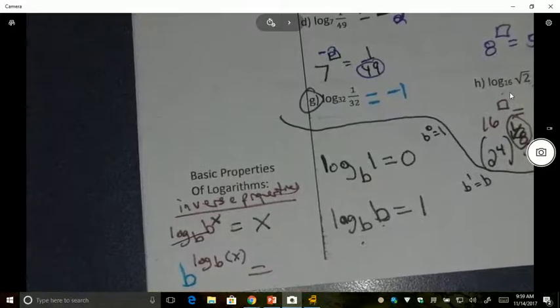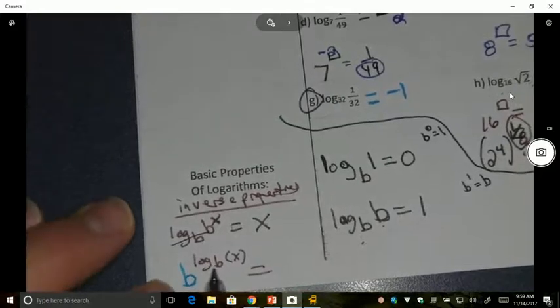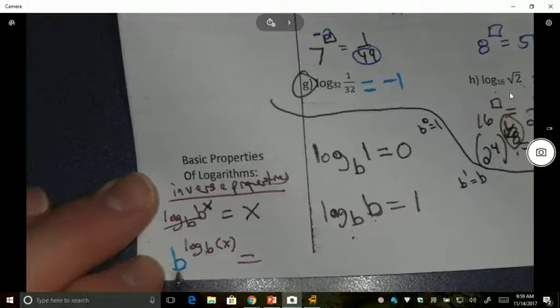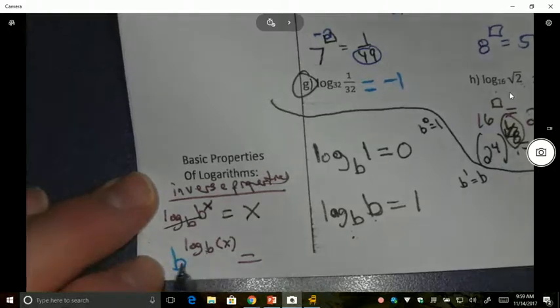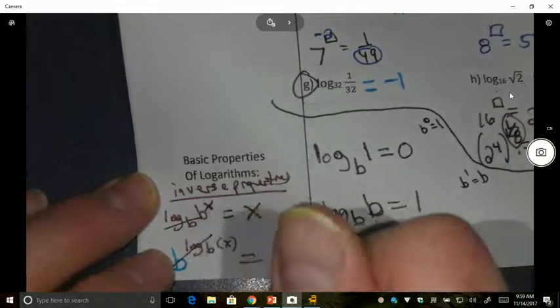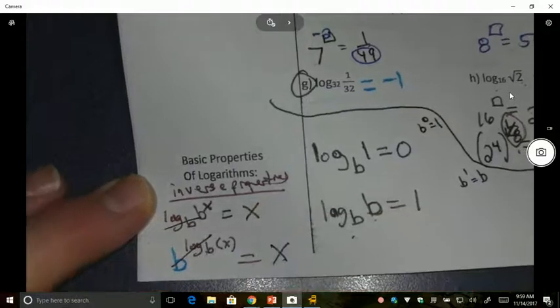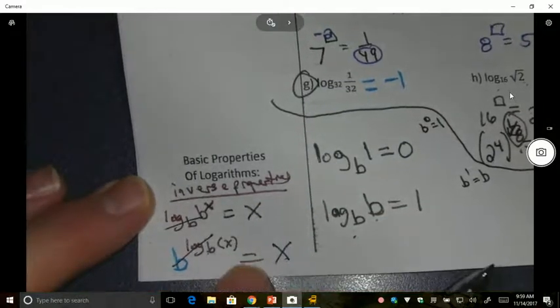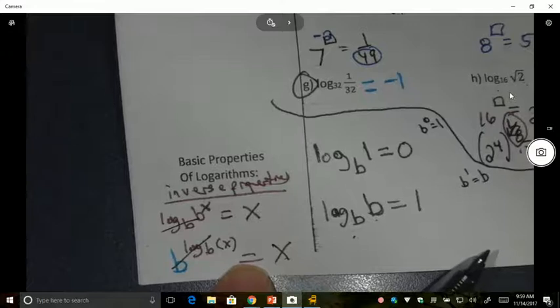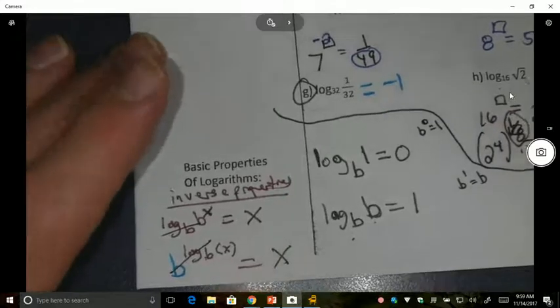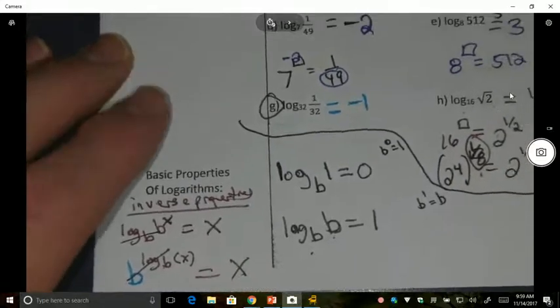It's kind of like square and square root. As long as they have the same base and no other operations, these are going to undo each other, and we're just going to get x. That one is not going to be as intuitive to you until we do some other things with properties, and then you'll be like, oh, that finally makes sense. But right now it may not.